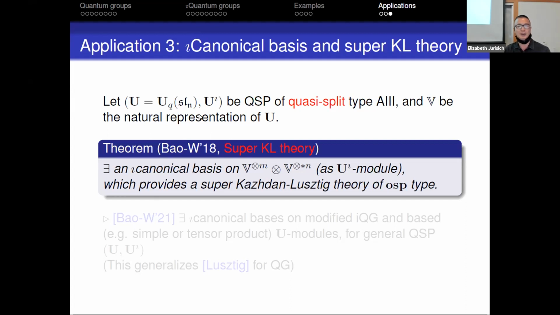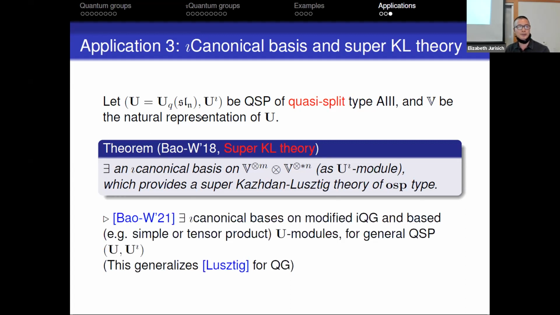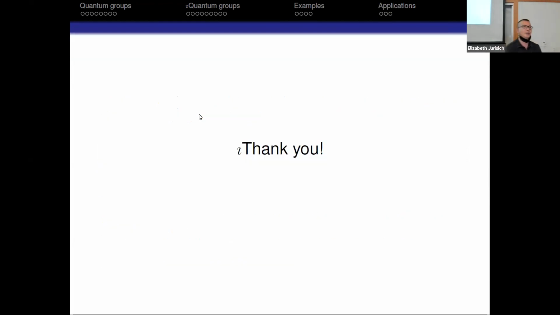And these slides are very brief. You don't have to remember that. And furthermore, you can go beyond type AIII for actual iquantum groups. And we have developed a theory of canonical basis. And that is a generalization of Lusztig's for quantum groups. Okay. Thank you.